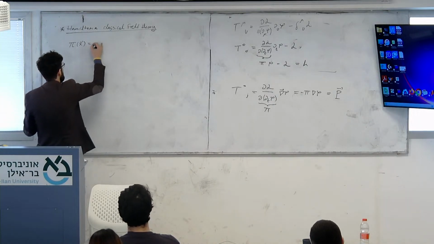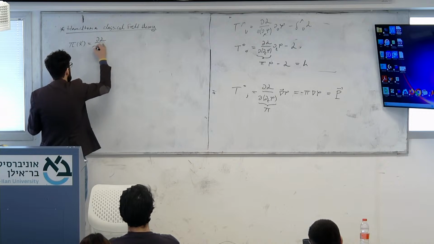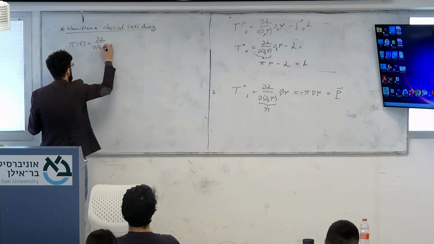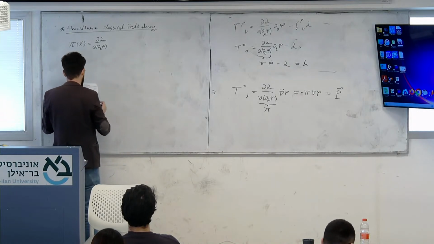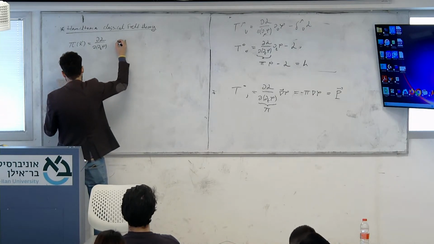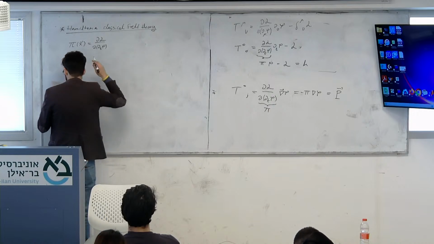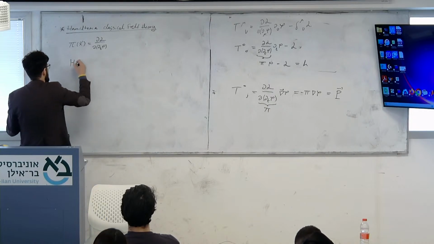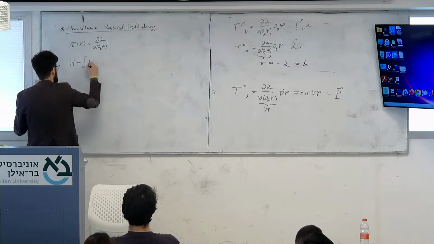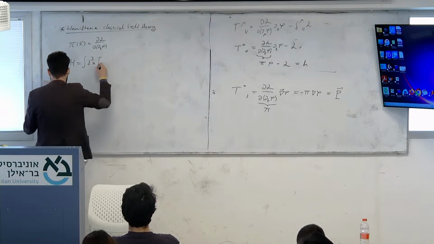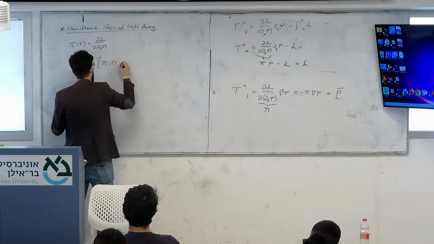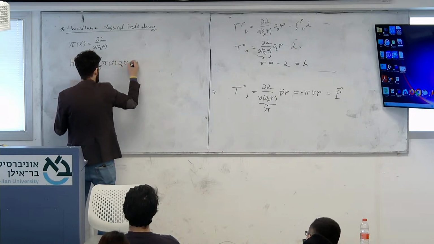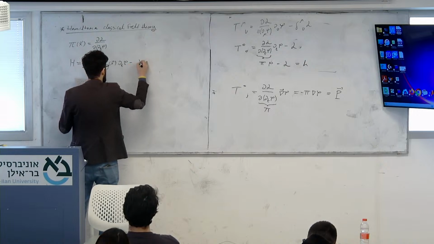So we define π as ∂L/∂(∂_t φ), exactly what I wrote just there. Okay, and write H as the integral d³x of π(x) ∂_t φ minus L.